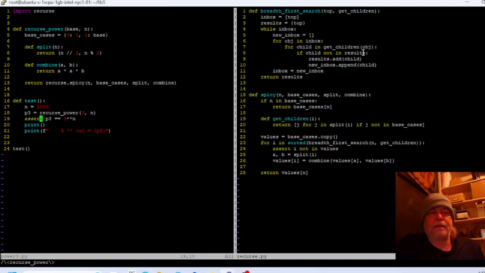Obviously this is not super interesting for the concrete case, because you can always just exponentiate numbers using Python's native exponentiation. But now we have a function that allows us to recursively take a power on any set of values that support the notion of multiplication.